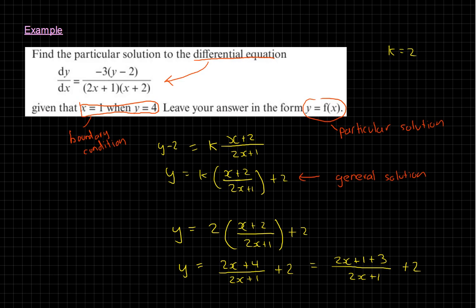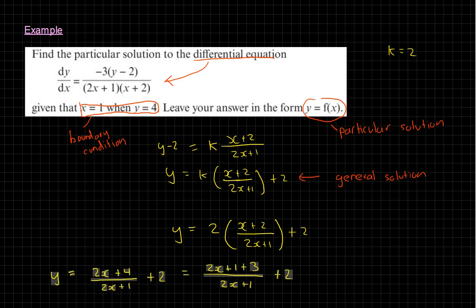And then if we just move this to the left a bit, we have that this is equal to 1 plus 3 all over 2x plus 1, plus 2, which is the same thing as 3 plus 3 over 2x plus 1. And that is the particular solution. That's our particular solution here, okay?